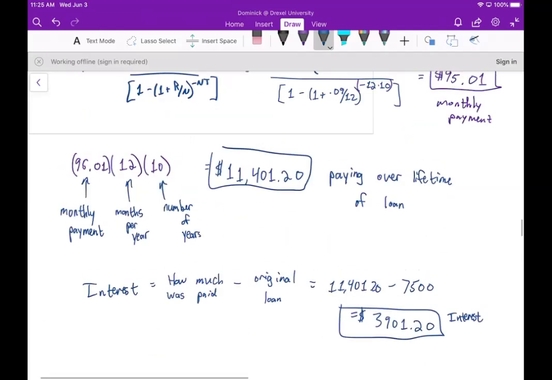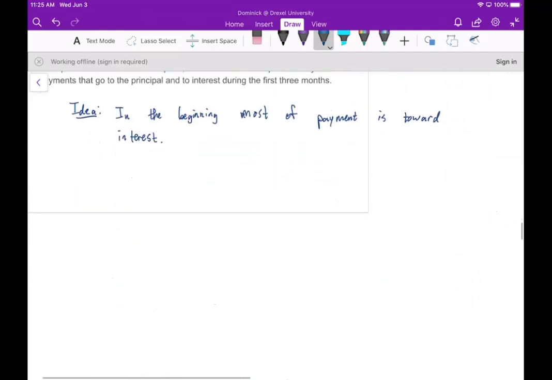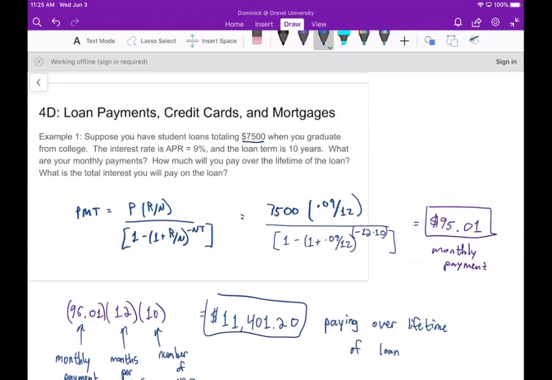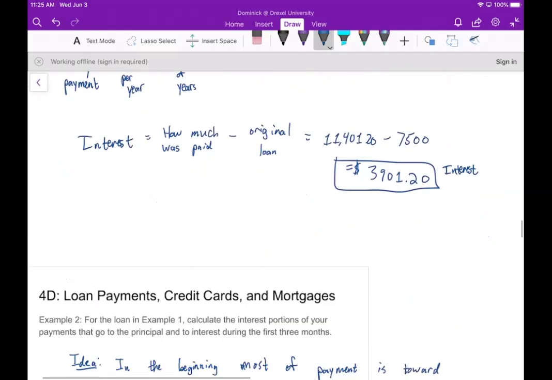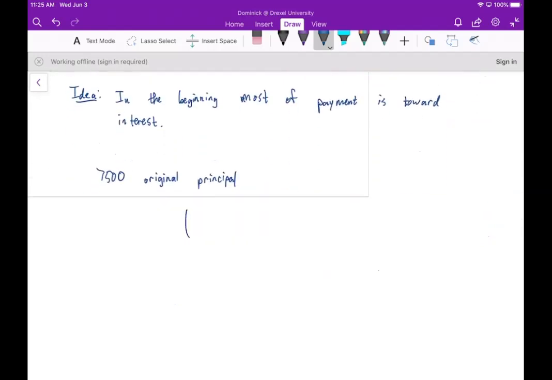Right, and here's why. I'll show maybe one example of this. So we have $7,500 as our original principal. And we're being charged 9% interest, right? Now, for the first month, I need to take 0.09 divided by 12 as my interest rate. So in the first month, I have 7,500 times 1 plus 0.09 over 12.